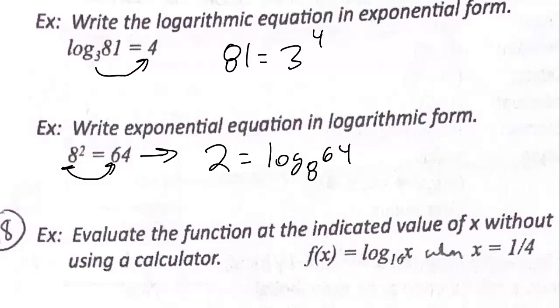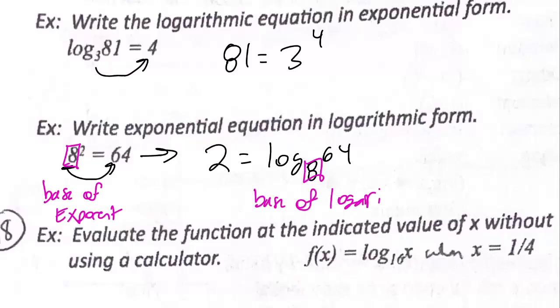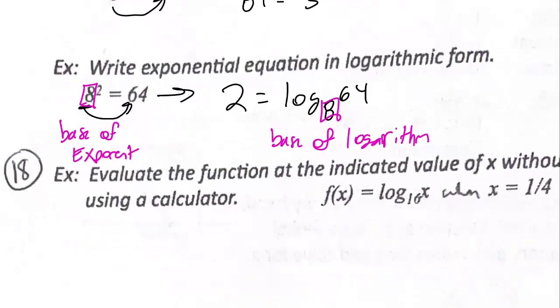This is the base of the exponent, and this 8 is the base of the logarithm. So that's a little hint to help you guys. Base of the exponent, base of the logarithm. Those don't change.